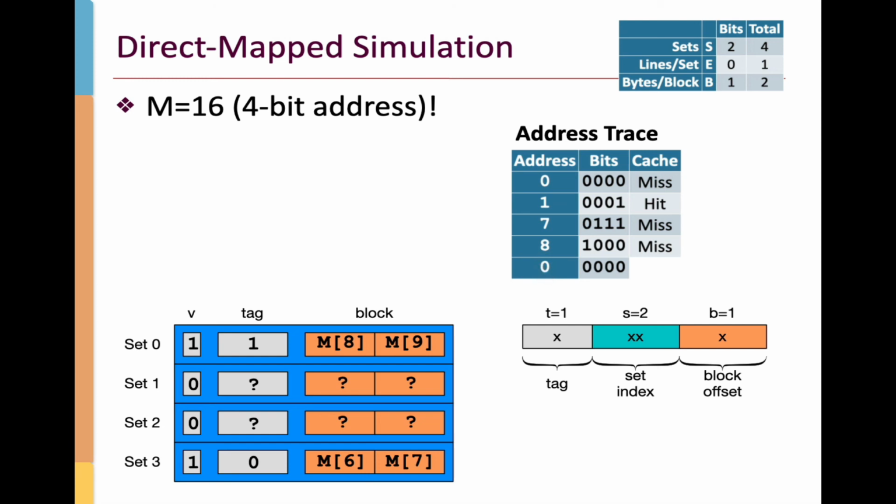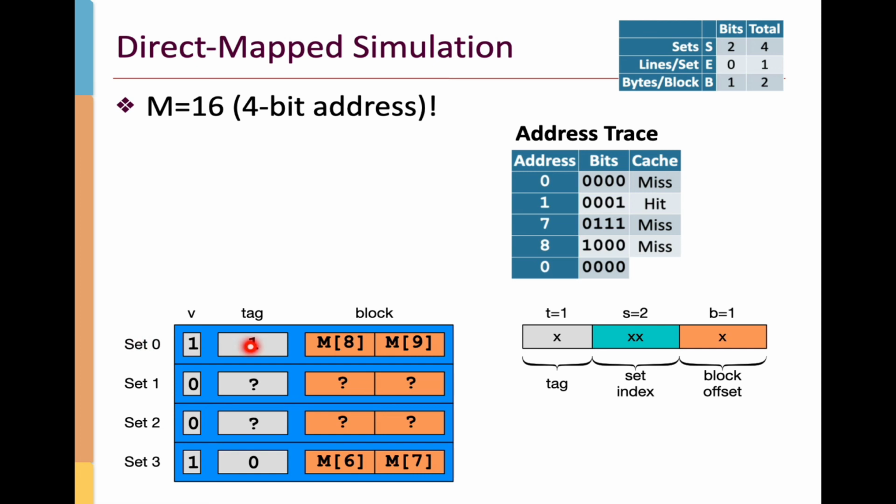Another address, now we're going to go back to address 0. And although we're seeing some temporal locality here, right, we've gone back and accessed address 0 again fairly quickly after we accessed the first time, we're running into a cache conflict here because we just got rid of the value in the cache that was stored at address 0 so we could fit the value from address 8. So we're going to go through this process again, 0, 0 for the set index. It's going to pick out this set.